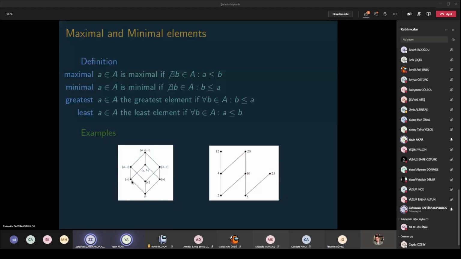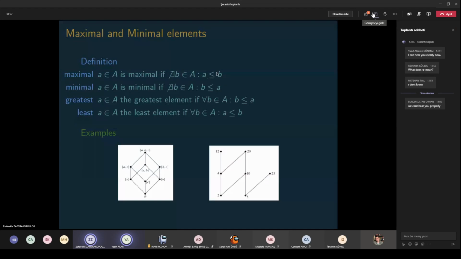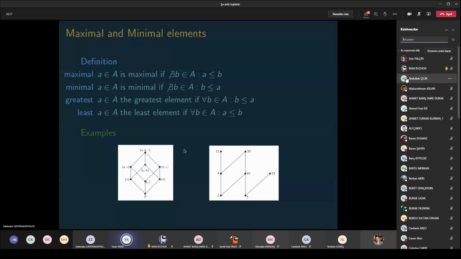So let's check if A is maximal. Is there an element B such that B is greater than A? Yes. AC, for example. By the way, these A's and B's are not the same as these. Our set now is the power set, so these are subsets.